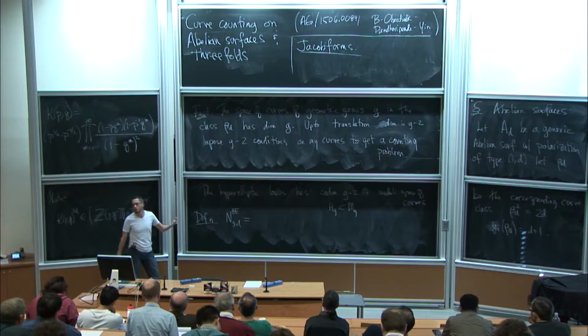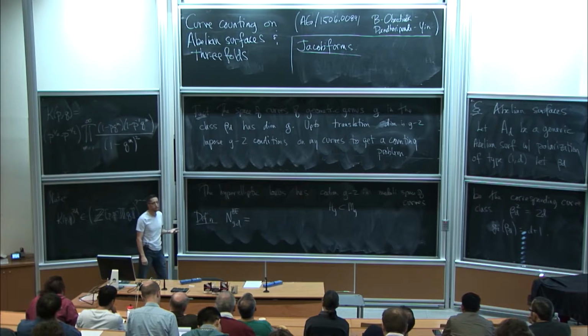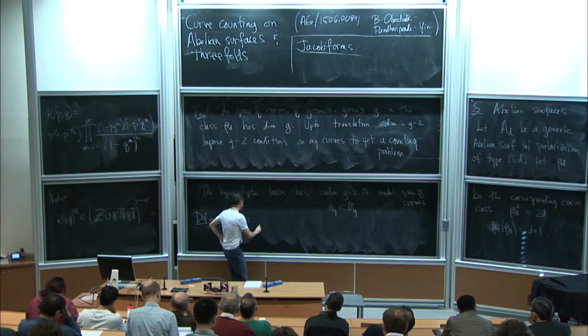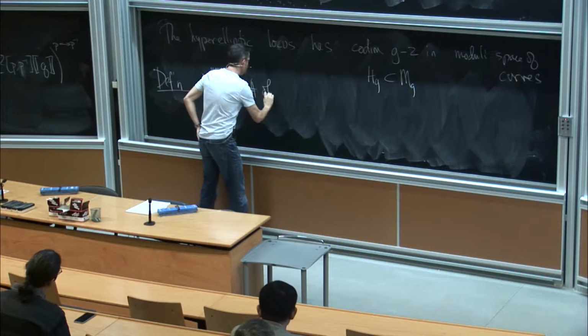This is going to be the number of hyperelliptic curves of geometric genus G in this class beta D, up to translation.